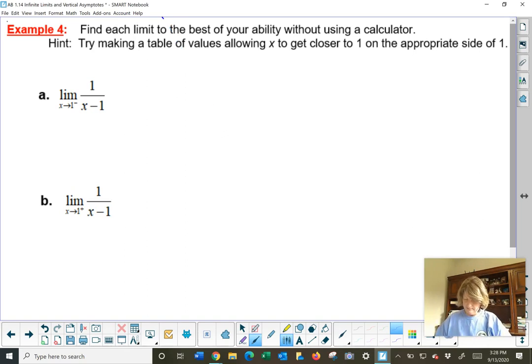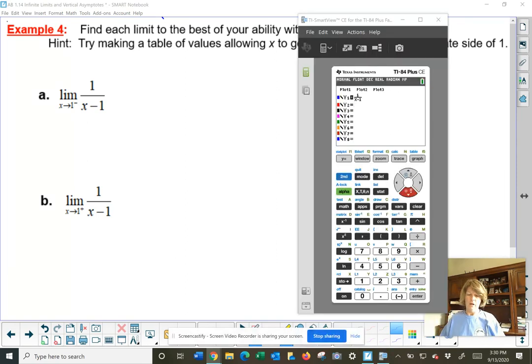Alrighty, I'm going to pause and get my calculator out. Okay, I've got my calculator set. In the y1 equation, I put 1 over x minus 1. They asked us to make a table. They said without calculator, but let's use our calculator. So the first thing I'm going to do is go second window, get to that table set.